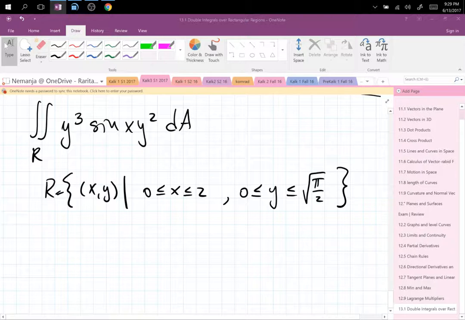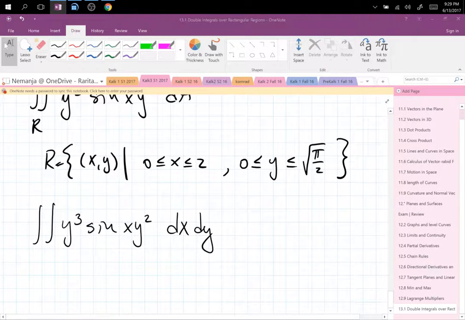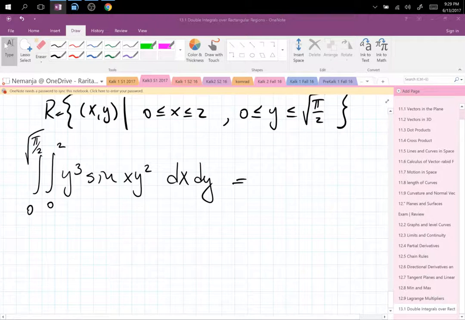No? All right. So x is the inner and y is the outer. So let's see what we get.